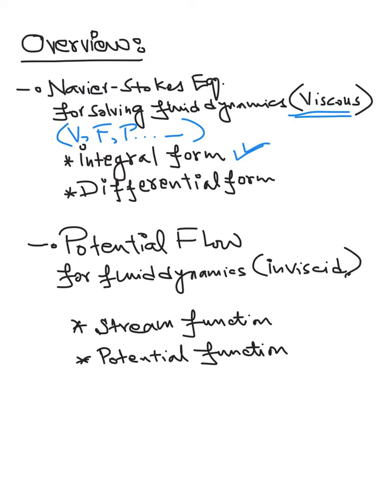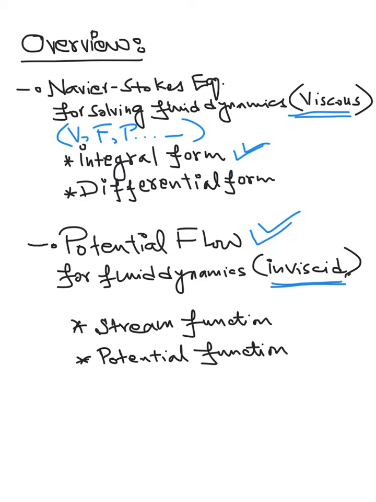Now the next part, in parallel we have another theory, which is potential flow theory. This is another methodology of solving fluid dynamics problems, but it is a simplified approach, because in this we ignore or neglect the viscous effects. So inviscid means non-viscous.